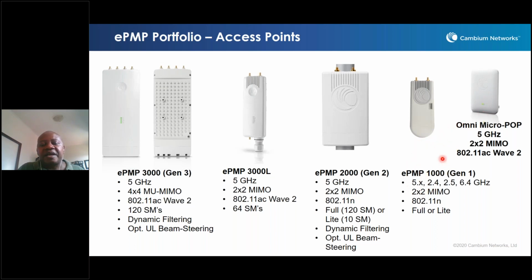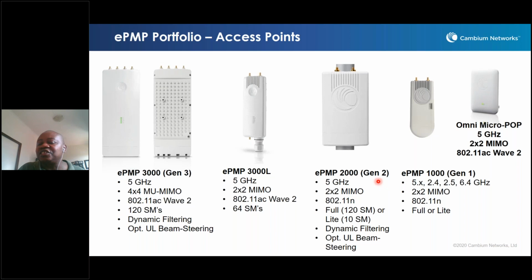So I think the 1000 parts of it are still available, but generally maybe it's going out of life. Remember, we brought this in 2013, and this was based on N, and you had 5 gig, you had 2 gig.